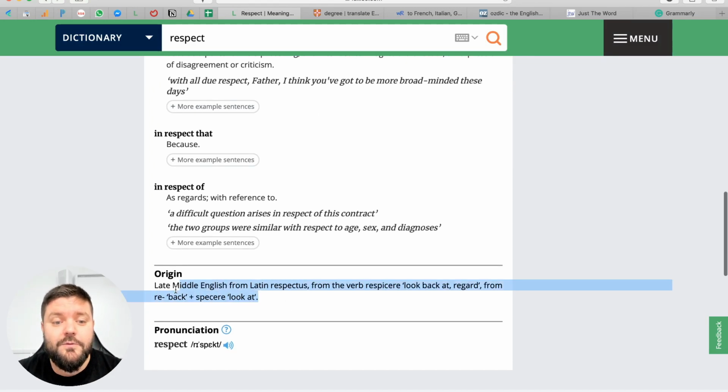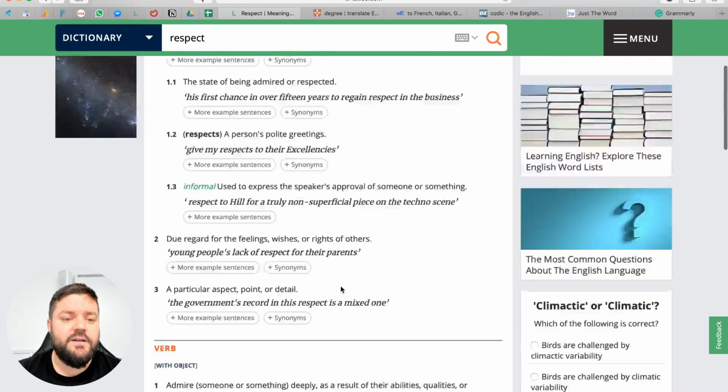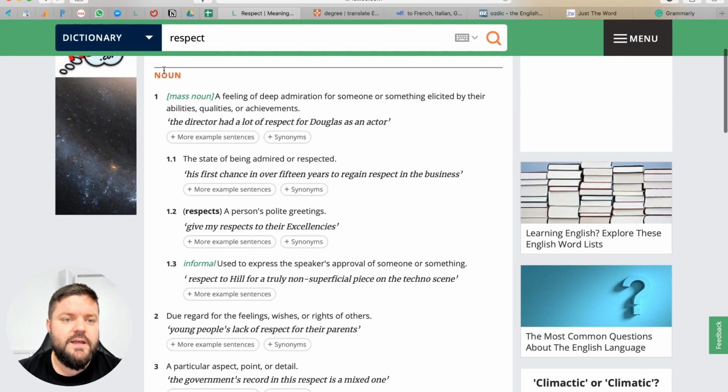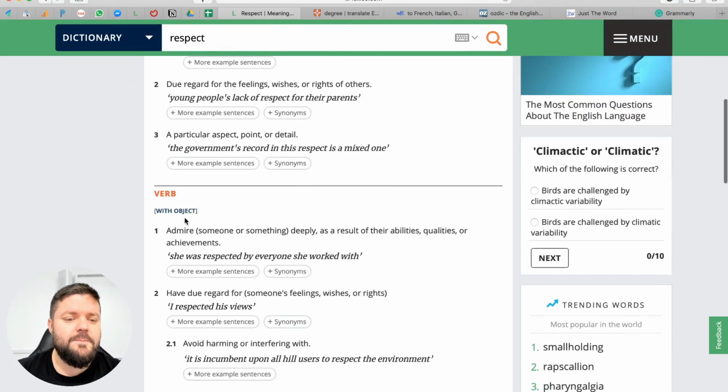Another cool thing is that for most of the words you get the origin, so it says late Middle English from Latin respectus, etc. And then you have the different meanings. Inside the noun you have the first one, the second, the third, and then the different sub-meanings within these numbers, 1.1, 1.2, etc.